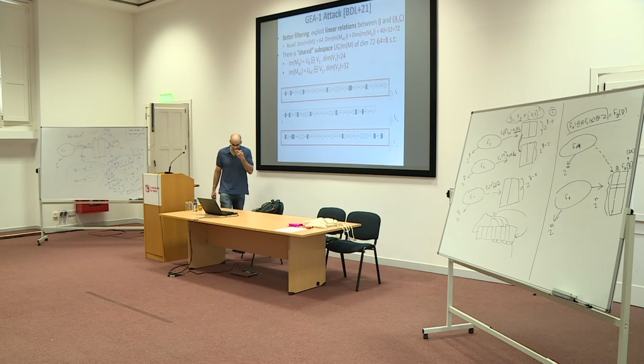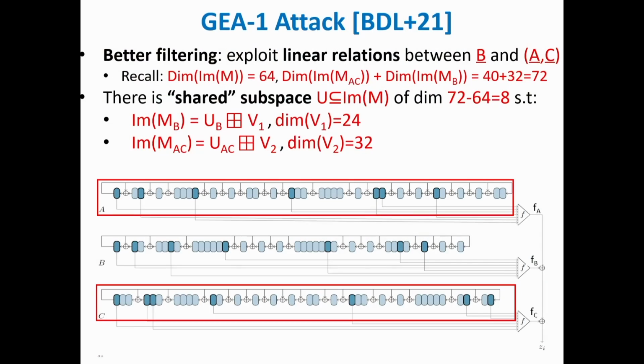Similarly, you can write the image of this linear mapping projected to AC as the shared subspace projected to A and C, direct sum with another subspace V2. The dimension of V2 is 40, the joint dimension of the image of A and C, minus the dimension of UAC, which is 8, so you get 32 here.